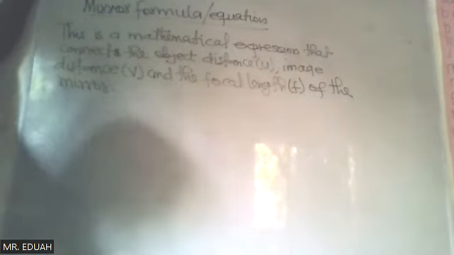Please, other books will use different letters. What is important is that you must define your letters, where object distance is this. You must define your letters: Q is for this, P is for that. But in most of the books, we use U, V, and F for these things, all right?